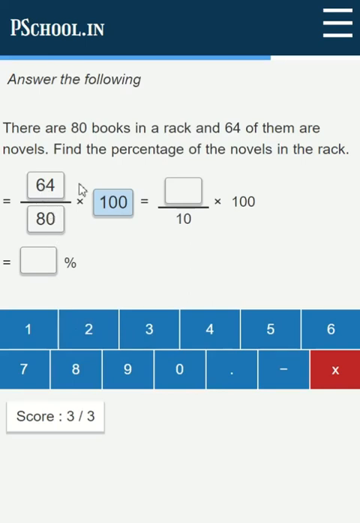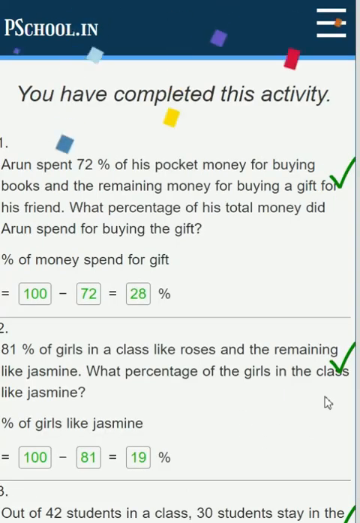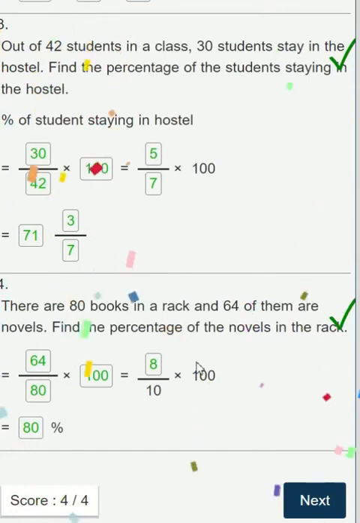So what is the common factor between 64 and 80? Okay, so both are divisible by 8. So the denominator will become 10, so the numerator will become 8. 0 and 0 cancel out, so we will get 80%. Super. So we have got all questions right.